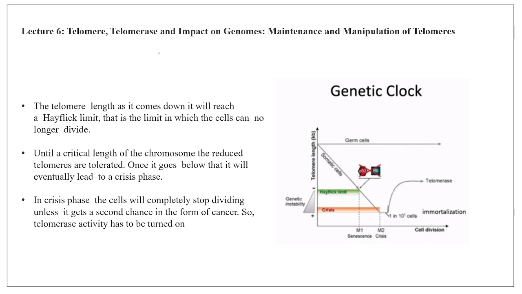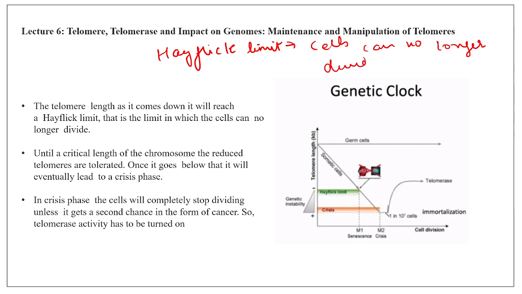Okay. So when I talk about cells that can no longer divide, until a critical length of chromosome, the reduced telomeres are tolerated.